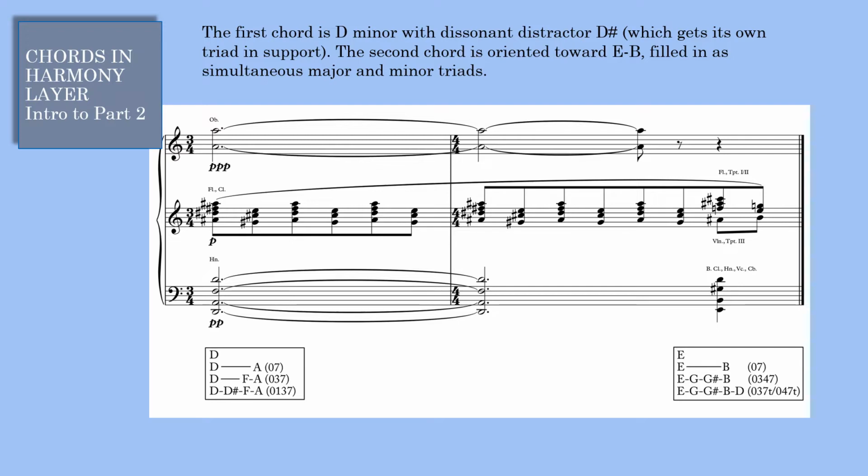Motion from D to E is a recurrent feature of the introduction to Part 2 and the sacrificial dance, where an extended version of this progression returns. The larger progression by whole step from D to E mirrors the more rapid whole step alternation of minor triads on D-sharp and C-sharp, as well as the host of stuttering melodies and oscillating harmonies throughout the rite.